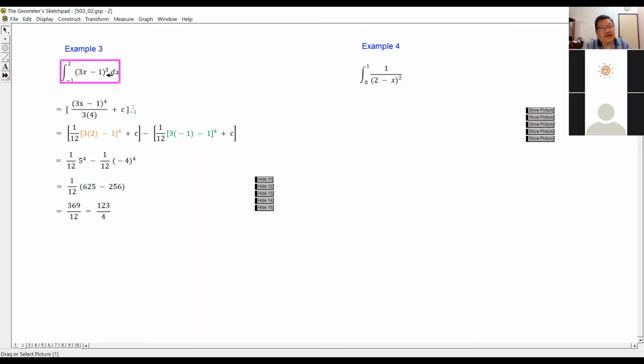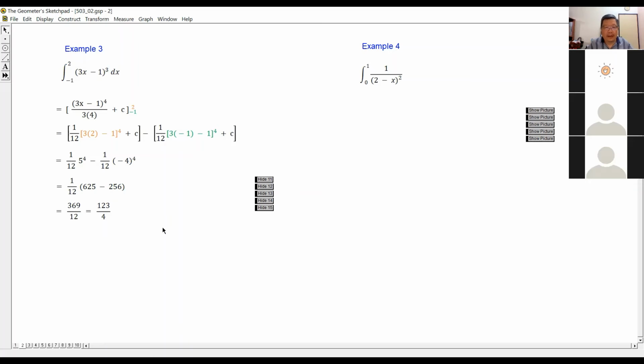Even this type of function where you can use substitution, of course we are using the shortcut for substitution, can also be used in our definite integral. Any question?